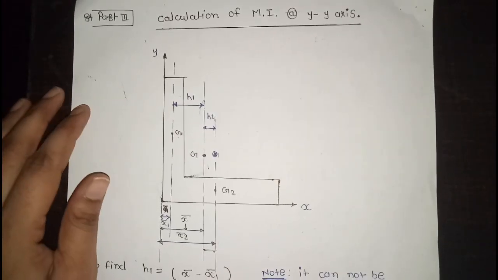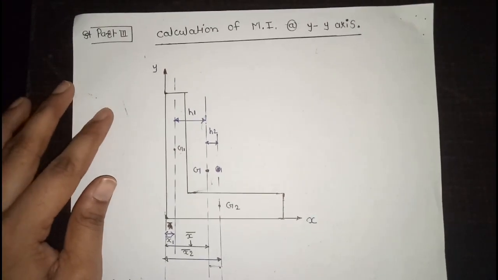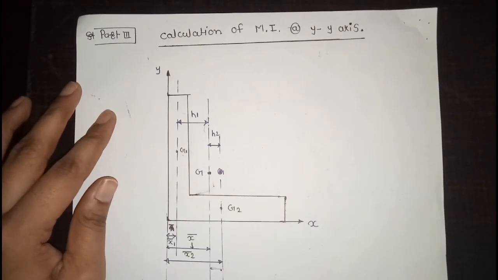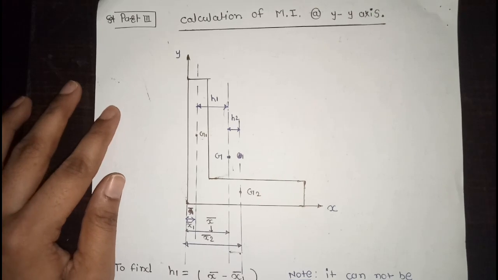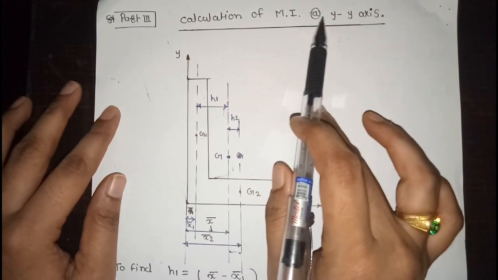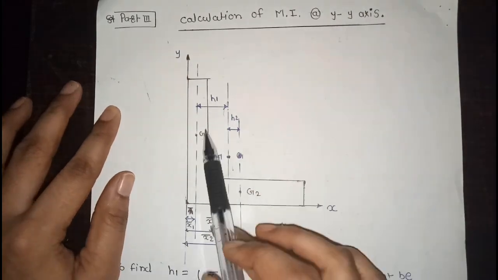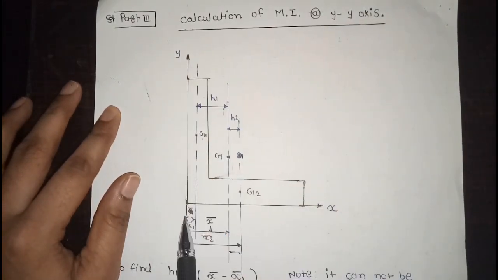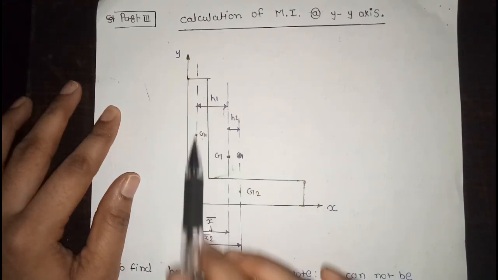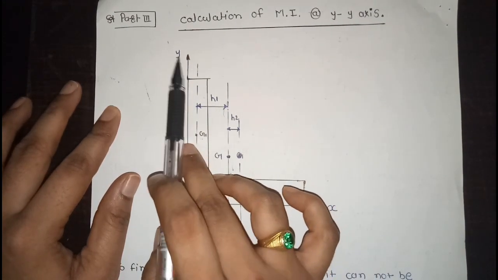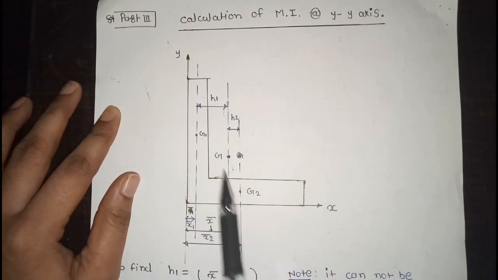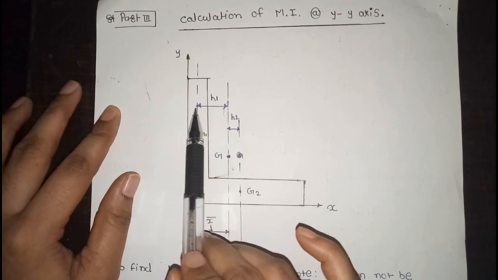Then next we will discuss the calculation of moment of inertia about y-axis, part 3. So we have to calculate I about y-axis. So all the axes are parallel to the y-axis. First of all, the L section is located in the first quadrant with reference axes x and y. This is the first section, this is the second section.